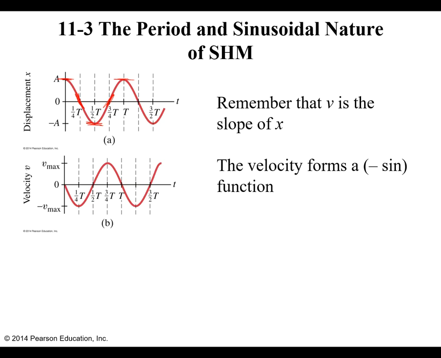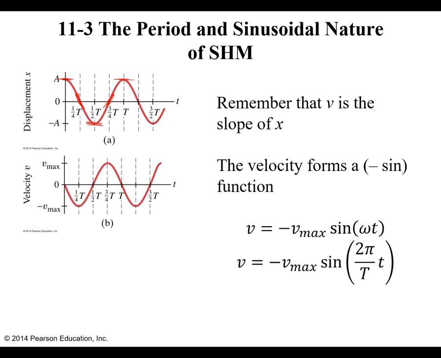So what's the equation for velocity? It would be velocity is the negative maximum velocity value times the sine of omega t, which omega we know is just 2 pi over your period T. Now there is another way to describe this.